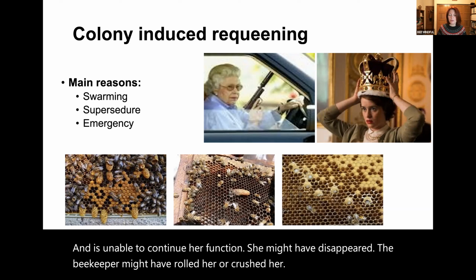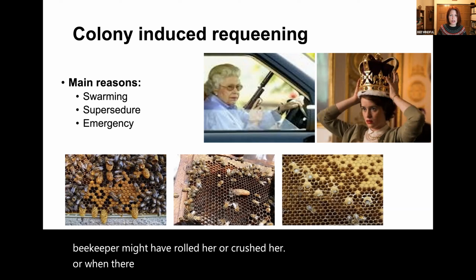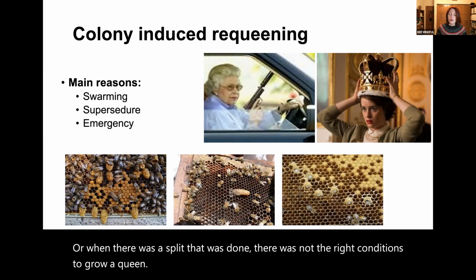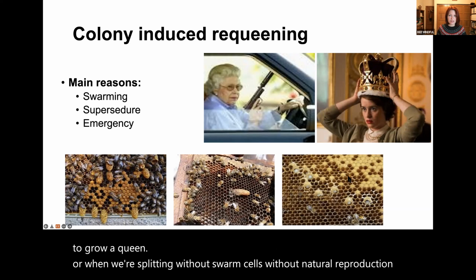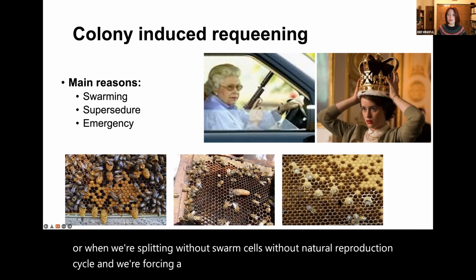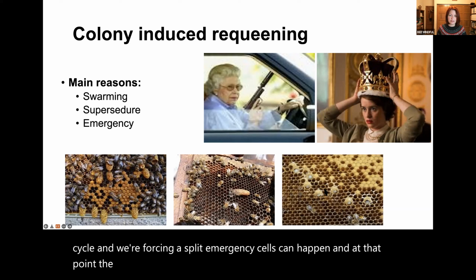Or when there was a split that was done, there was not the right conditions to grow a queen. Or when we're splitting without swarm cells, without the natural reproduction cycle, and we're forcing a split, emergency cells can happen. And at that point, the bees are kind of desperate to make a queen with whatever they've got.